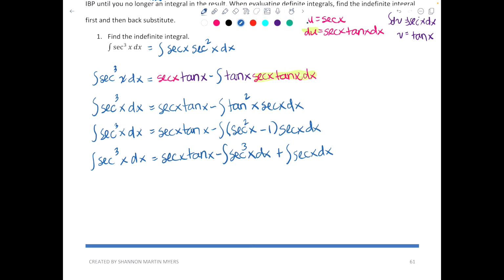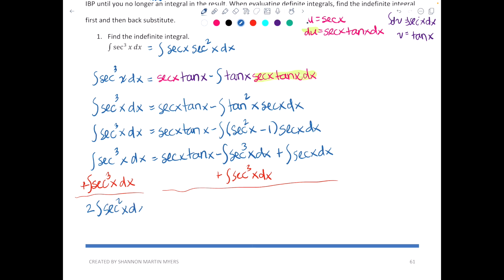So we're adding the integral of secant cubed at x dx to both sides, like integrals. So then on the left-hand side, we'll have 2 of the integral of secant cubed at x dx.